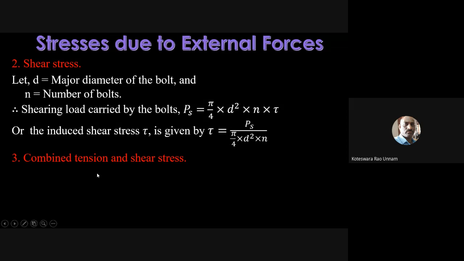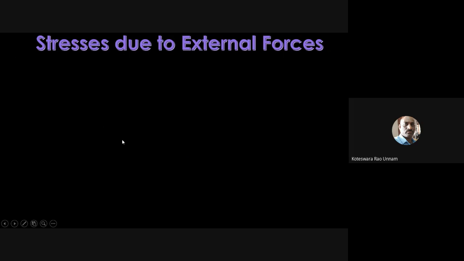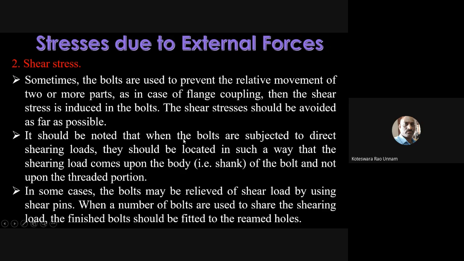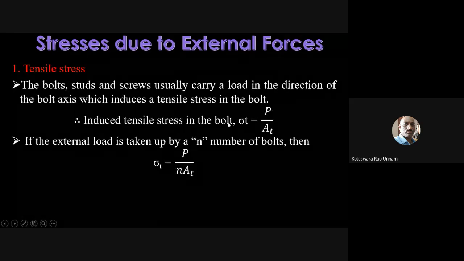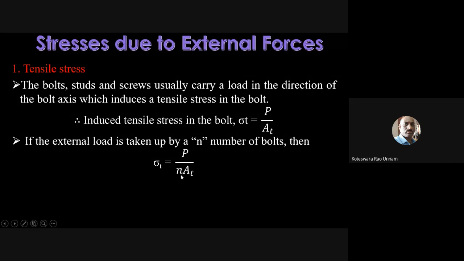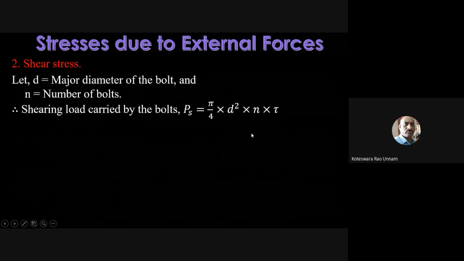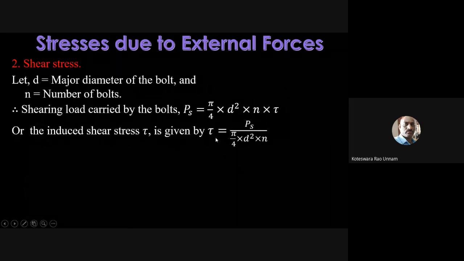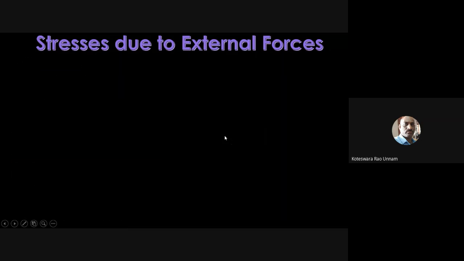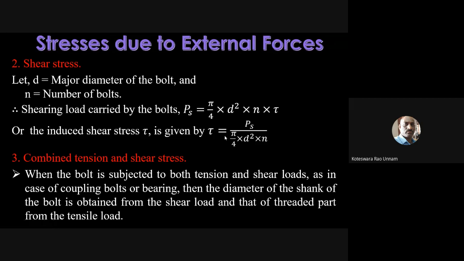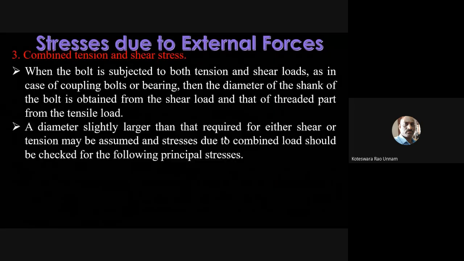To compute the normal stress sigma t, this is the formula that we just discussed. If there are a number of bolts, you need to use this formula. Then for computation of shear stress, you need to use this formula. Once you have sigma t and tau, we can easily calculate the maximum normal stress as well as maximum shear stress.